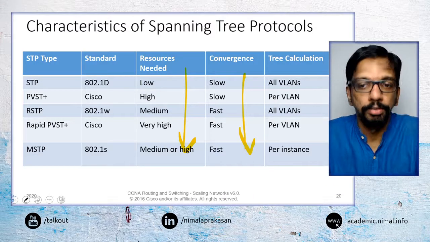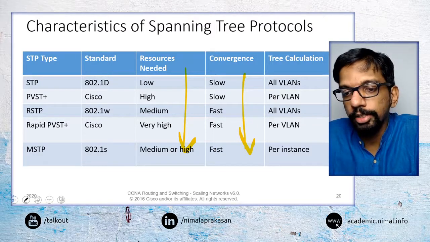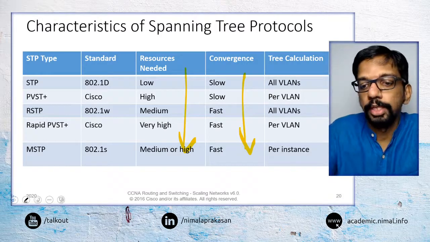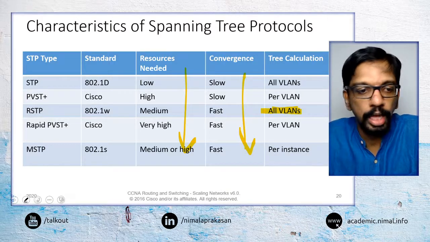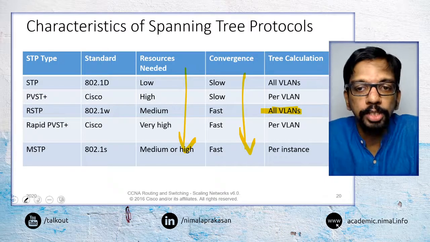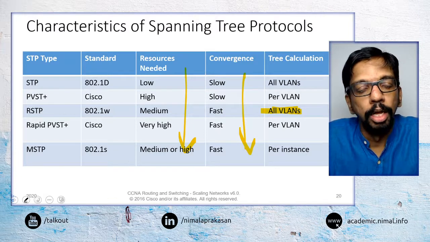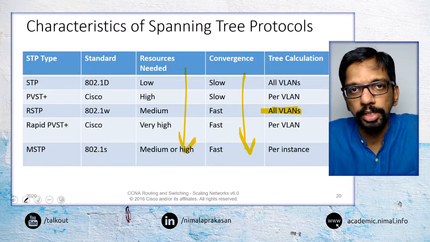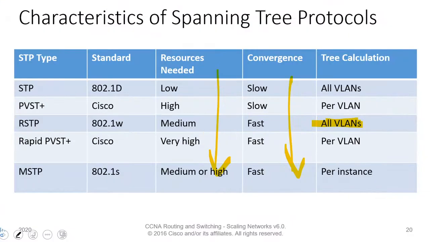Another important factor is their ability to support VLANs: do they support all VLANs, or do they have to be configured or managed on a per-VLAN basis? So there are some differences in that sense as well. But the basic idea of spanning tree protocols remains the same across all of them.